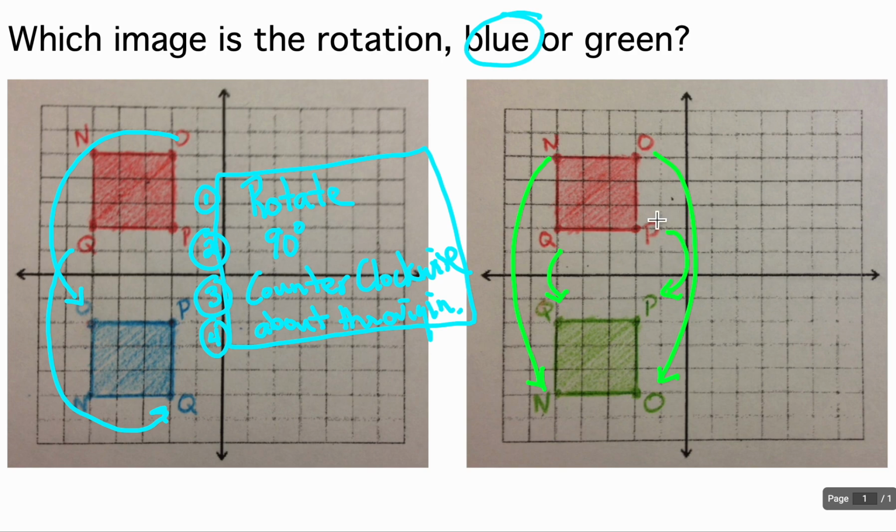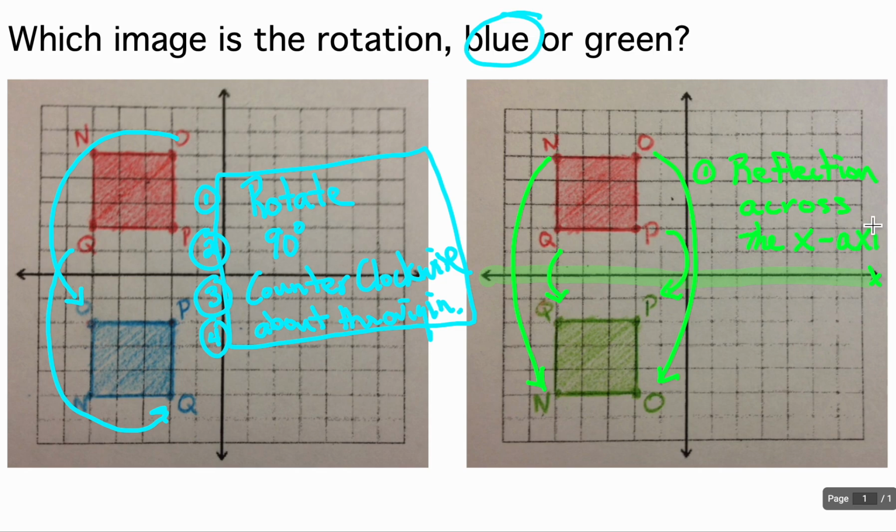Now, to write the rule over here, this is a reflection. So I'm going to go grab my highlighter because that's what I use with reflections, and it's reflecting across this axis, which is the x-axis. So number one, we're going to name it: it's a reflection across the x-axis.